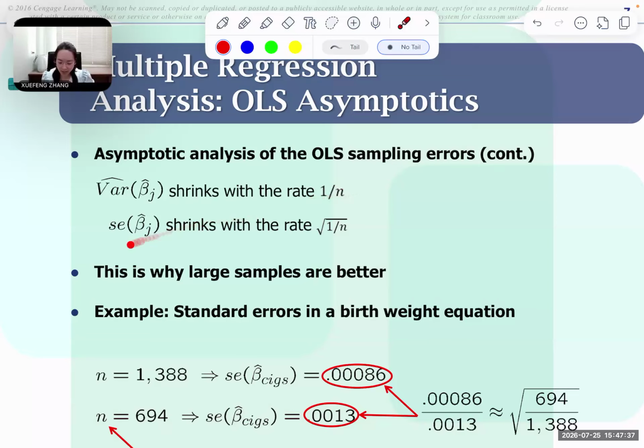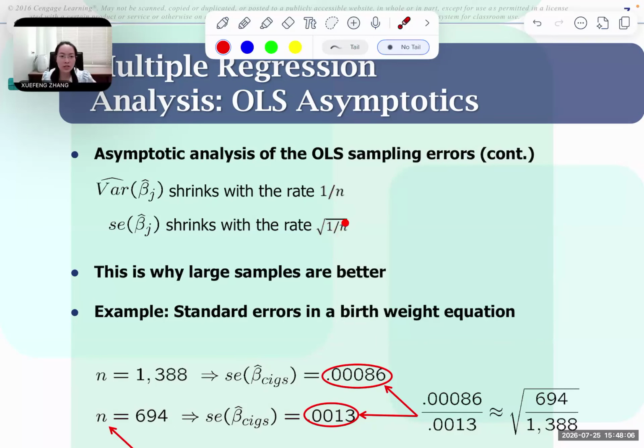Since SE is the square root of variance, SE of beta j hat shrinks at the rate square root of 1 over n. This is exactly why large samples are better, but notice it's not a straight line improvement. Doubling your sample size doesn't cut your standard errors in half, because of the square root.